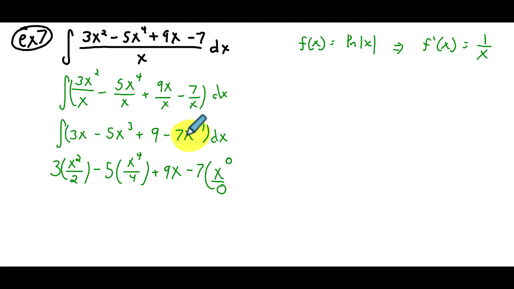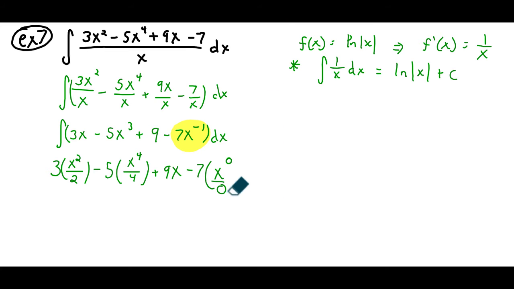And so I have to think about that when I do this term here. So the integral of this, I can't do the power rule. The power rule doesn't make sense here. So I have a new rule now, and this is our integral of 1 over x dx is equal to the natural log of the absolute value of x plus c. So we have a new rule here for integration.